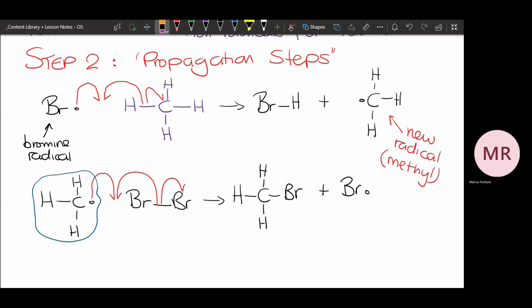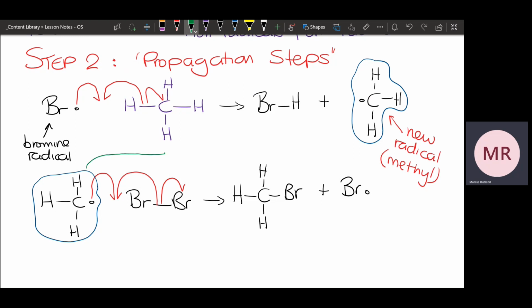So we've come across this word before, something that is made in step 1 of a reaction that is used up in step 2 of the reaction, or made in one step and used up in a subsequent step. So it's not actually a reactant that you're putting in at the start, and it's not a product that's coming out at the end. Do you remember a word for things like that, that are made in one step and used up in another step? The word is intermediate.